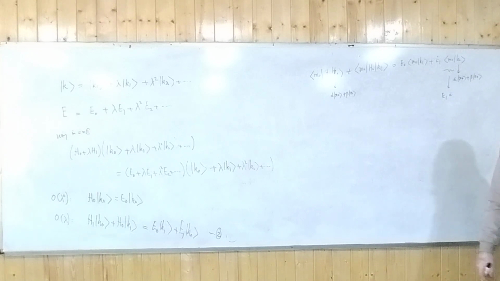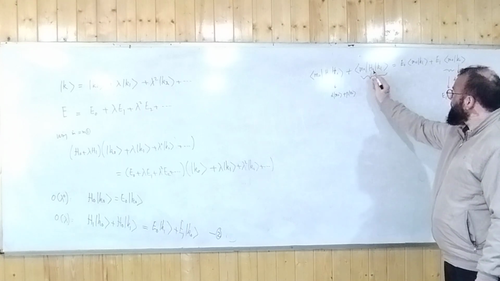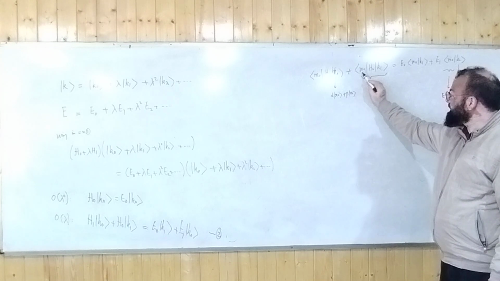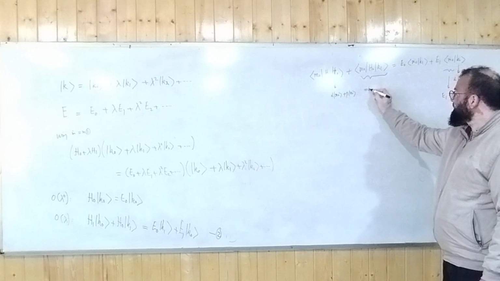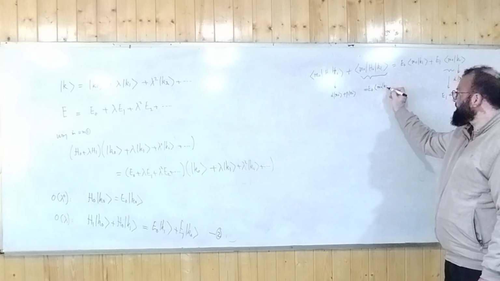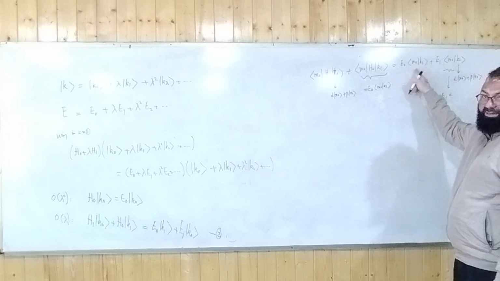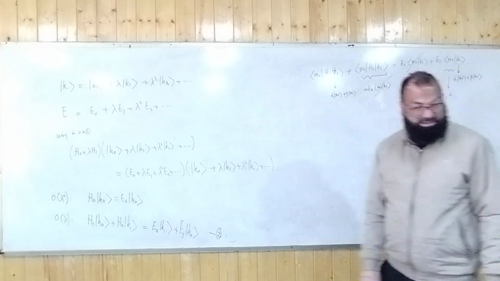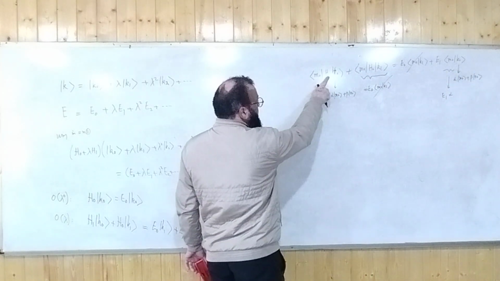Got it? Okay. Now let's look at this very term. Since H0 is a Hermitian operator, it will act on this side. So you'll get E0 and then you'll get back m0 K1. Clear? It is an energy eigenstate, so this term and this term cancel. Now let's look at this term.